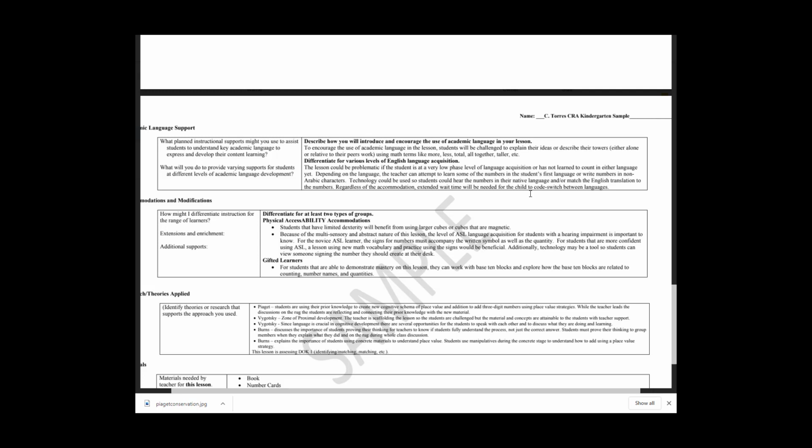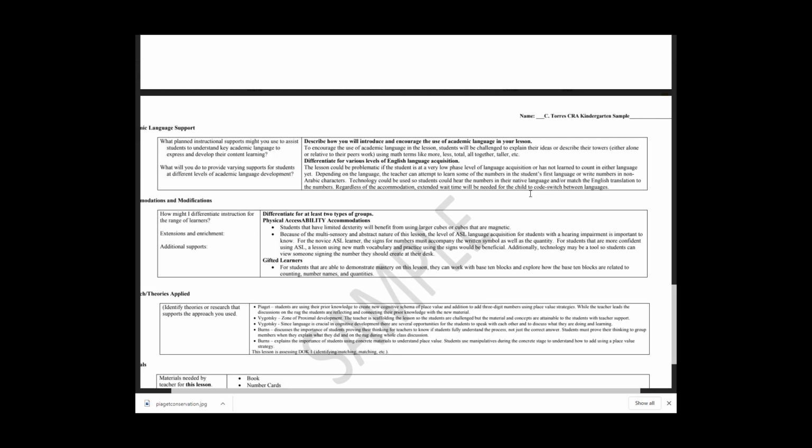And if you had a student that just had really limited dexterity, they would benefit from using larger cubes or maybe cubes that are magnetic. Because the lesson is so multisensory, if you had a student that was hearing impaired, you would have to really be able to determine how well they're able to understand American Sign Language.